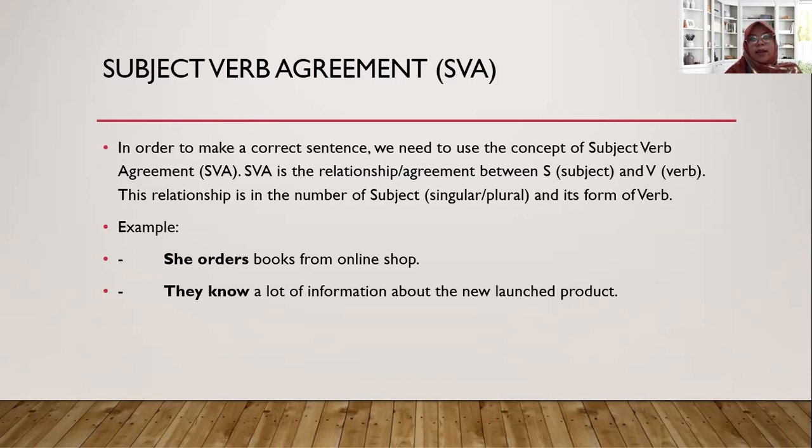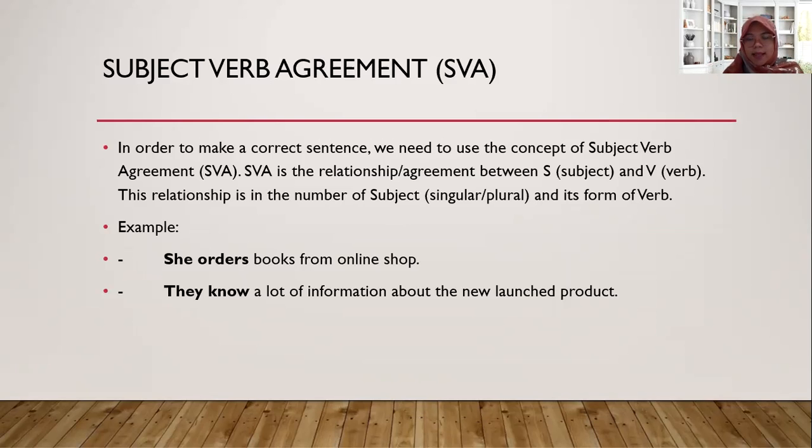In the next PowerPoint, I'm going to explain how you can have a correct grammatical structure whenever you combine your subject with the verb. There is a concept called subject-verb agreement. Whenever you write a sentence, or you want a very coherent and cohesive sentence or paragraph, how are you going to do it?